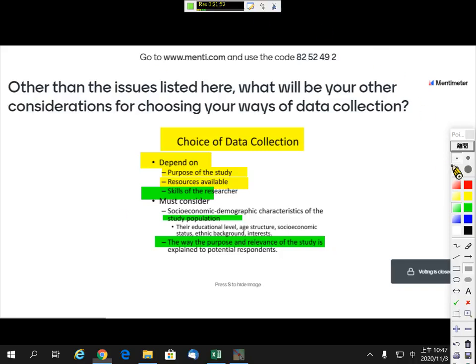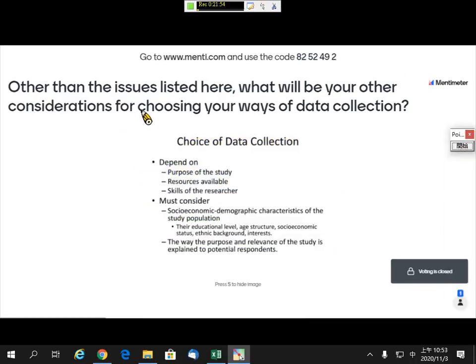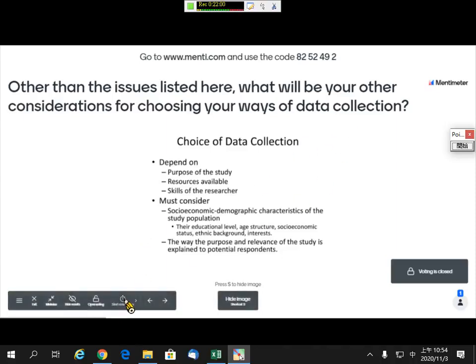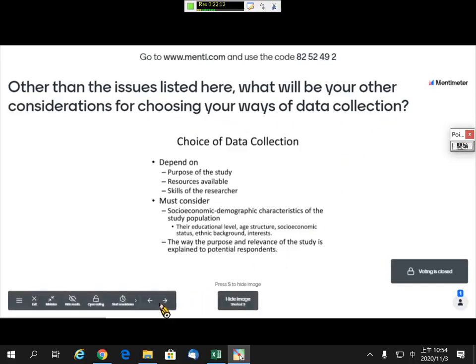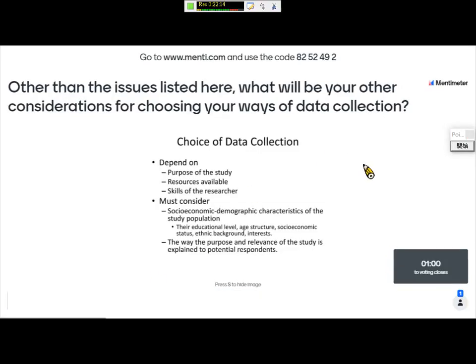So now, look at this. When you collect your data, I want you to provide some input about, other than the issues listed here, what will be your other considerations for choosing your ways of data collection? Everyone has different considerations, so let's try this.